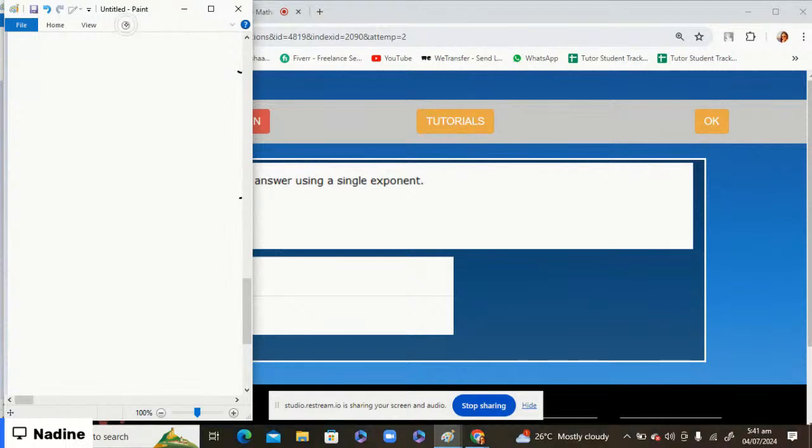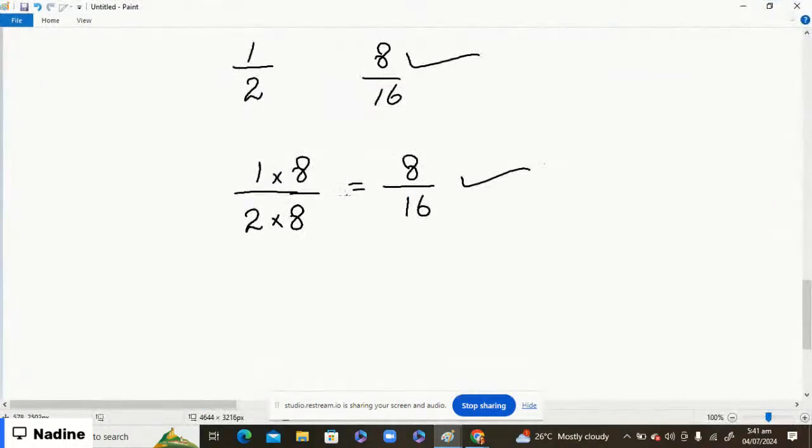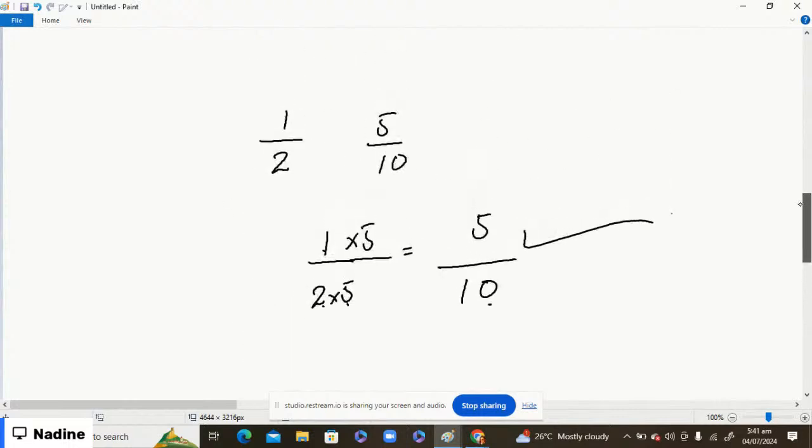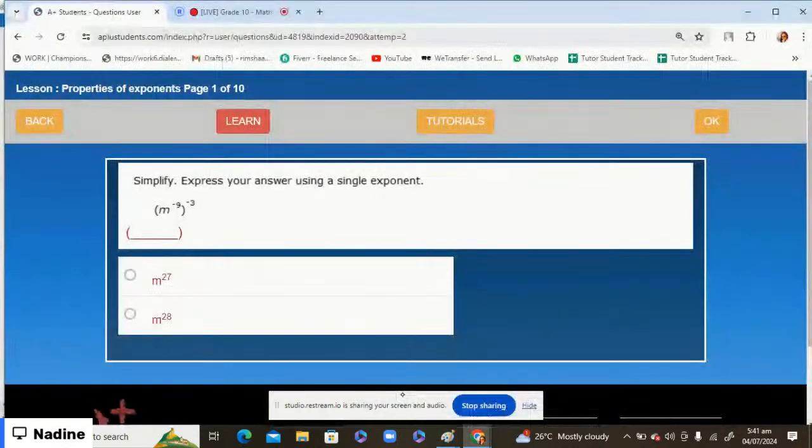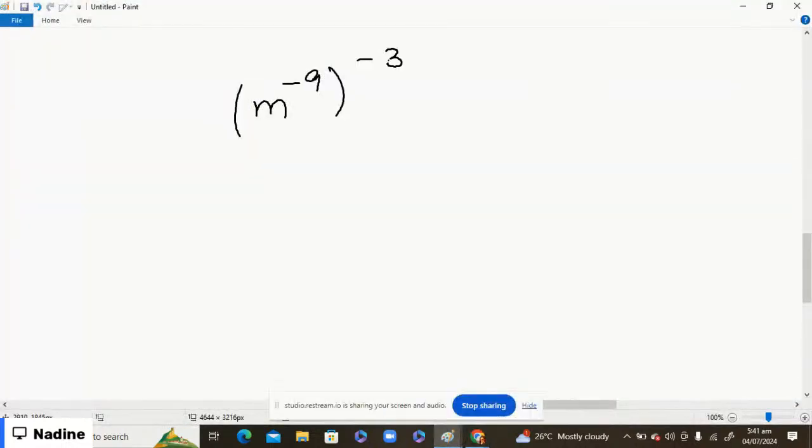So as we know, m power minus 9 times minus 3.